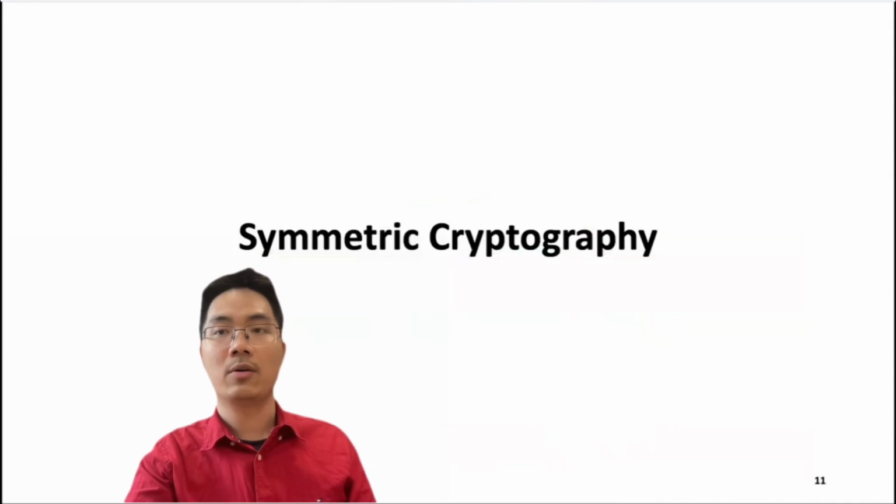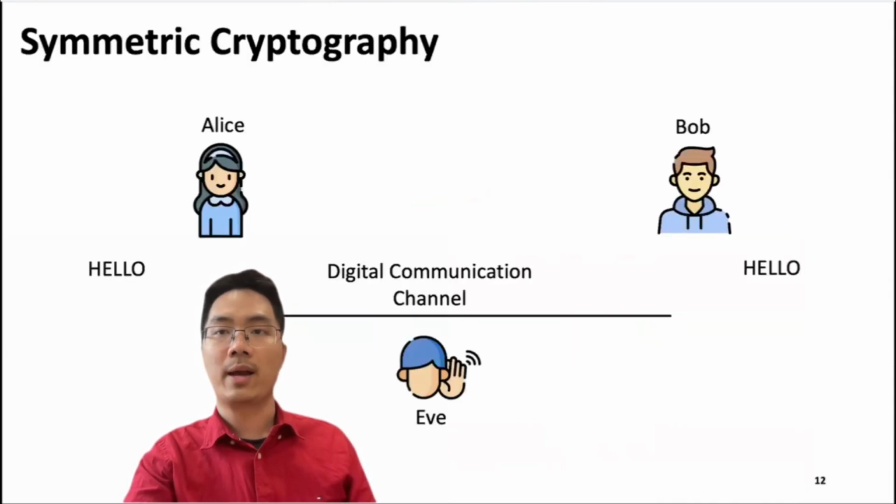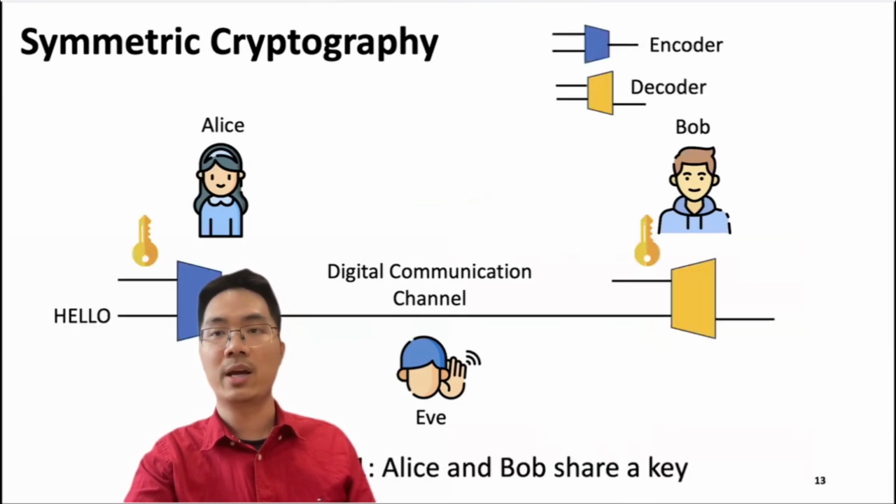Next, we will talk about how current cryptography protects our data with symmetrical cryptography. When Alice wants to send a message to Bob, like hello, we assume that there is already a person who wants to analyze and capture Alice's data. To protect the data, Alice and Bob need to share the same key to encode and decode her data.